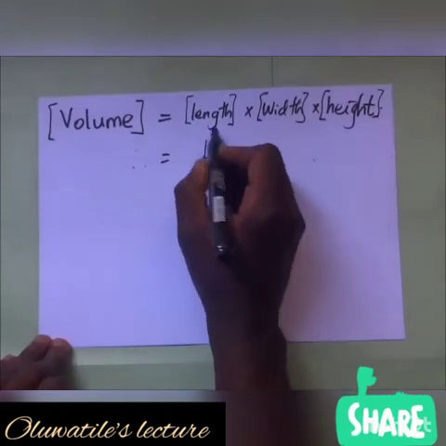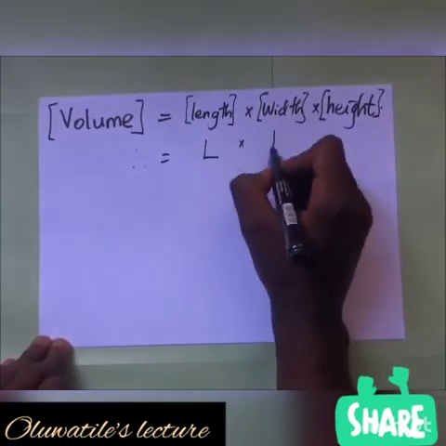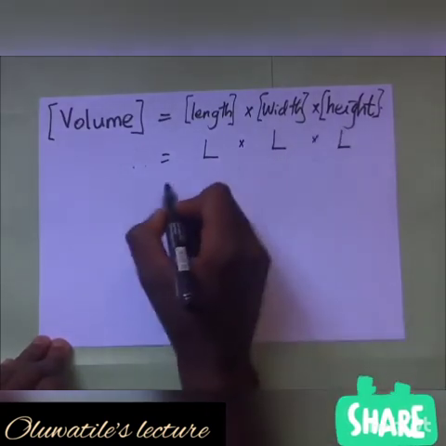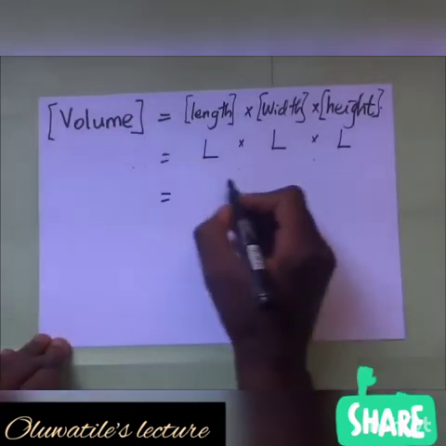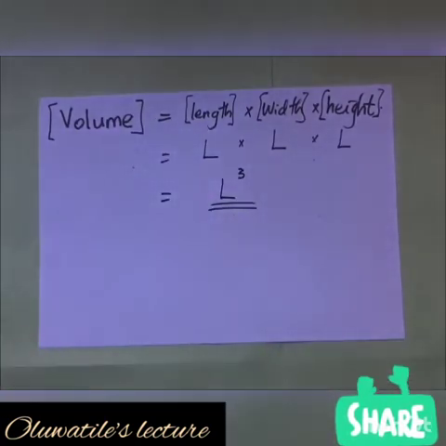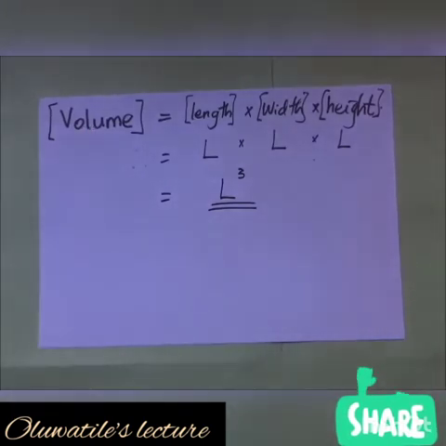Length is length, then multiply that by width, and width is also a length. Then we also know that height is also a length. So it means that the dimensions of volume are L cubed. That is how volume relates to the three fundamental quantities of length, mass, and time.